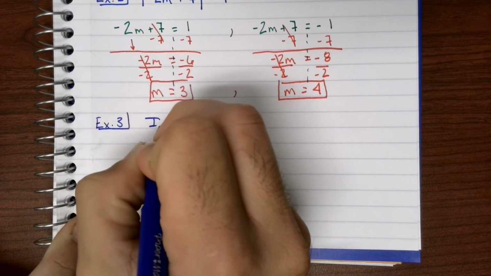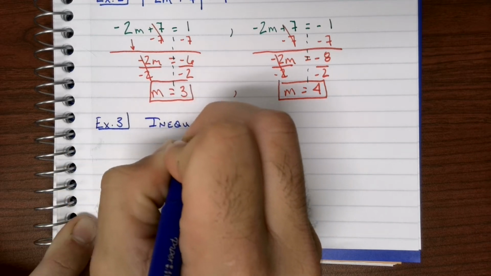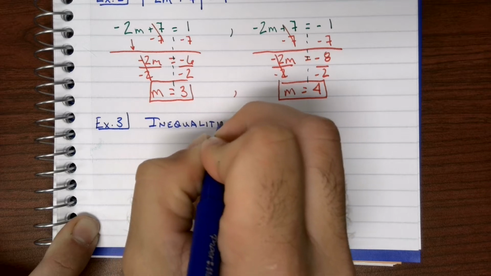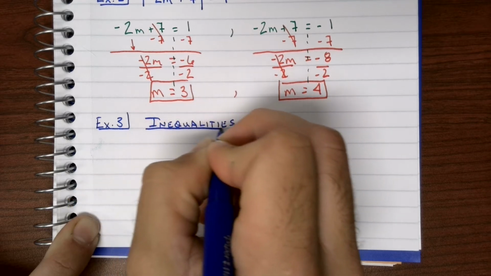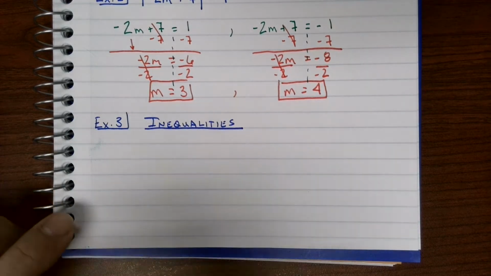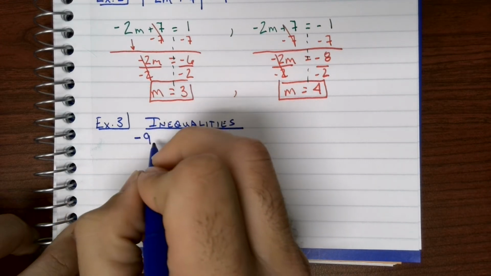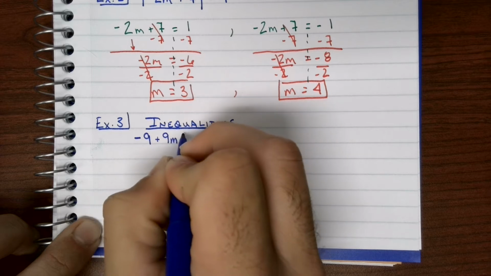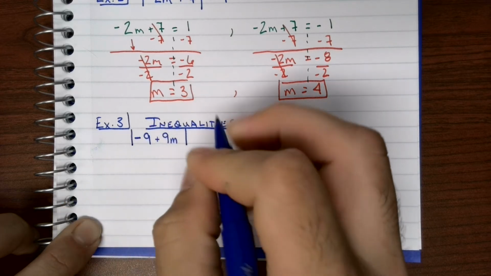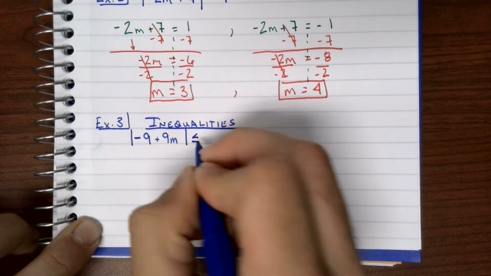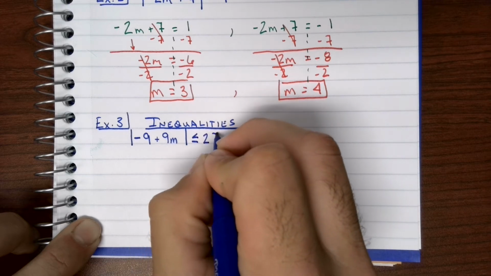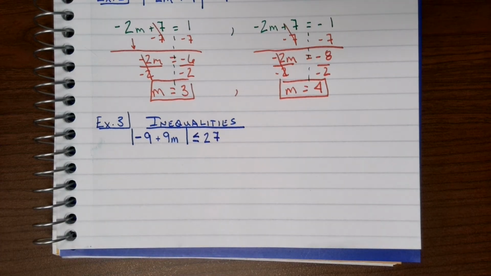All right, this is where our inequalities are going to start. Let's say we have the absolute value of negative 9 plus 9m less than or equal to 27. Now, do you remember the compound inequalities?